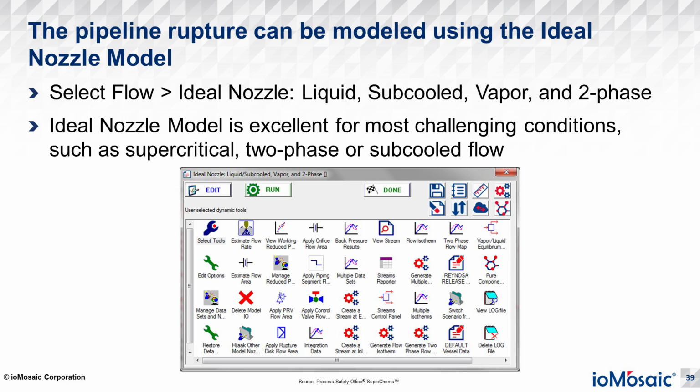For the discharge calculation, I used the ideal nozzle. So you go to your flow menu and select ideal nozzle. And that's a very versatile model. It can handle supercritical, 2-phase, or subcooled flow. So we use it for a lot of applications.